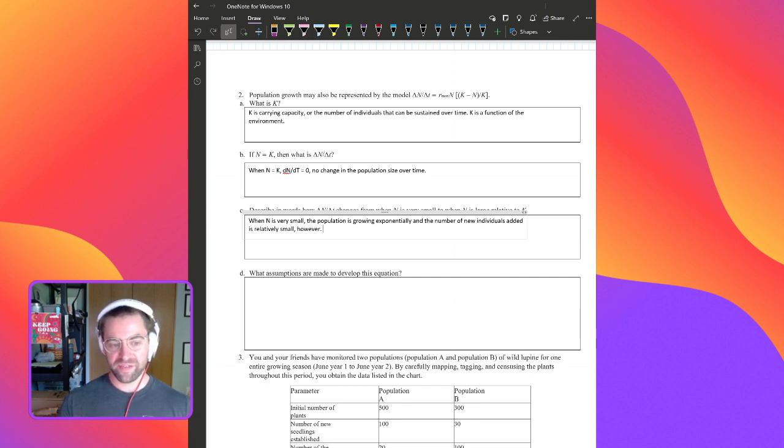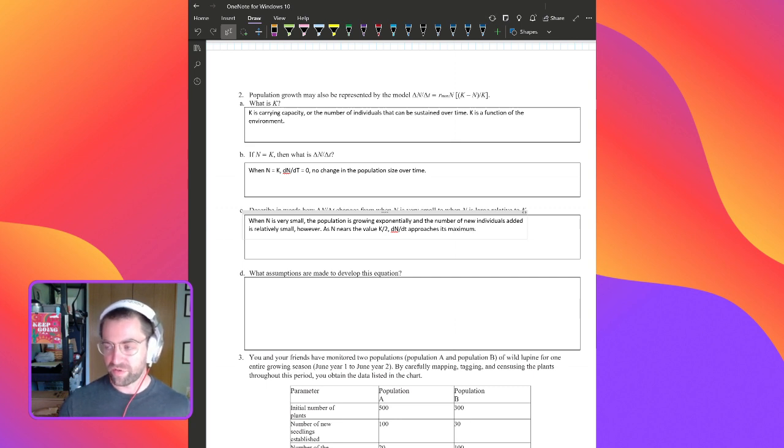However, as n approaches the value of half the carrying capacity, as n nears the value k over 2, delta N over delta t approaches its maximum.